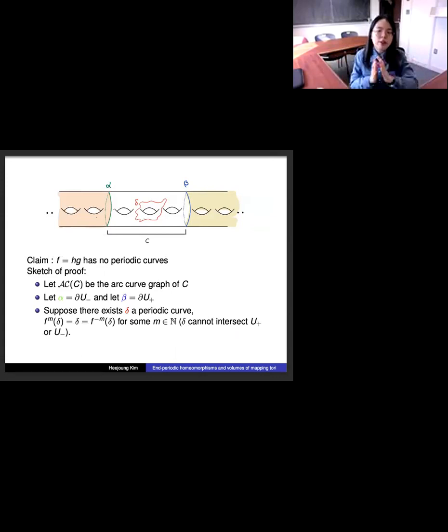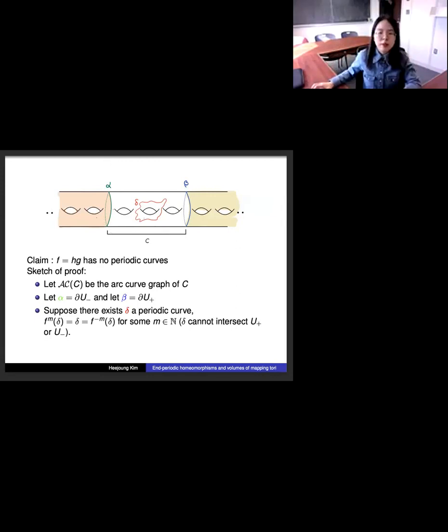So for example, to see that F has no periodic curves, let AC be the arc curve graph of the subsurface C, and let alpha be the boundary of the repelling end, here, or the boundary of C. And say beta is the boundary of the attracting end, like that. Then to get a contradiction, let's suppose that F has a periodic curve delta.